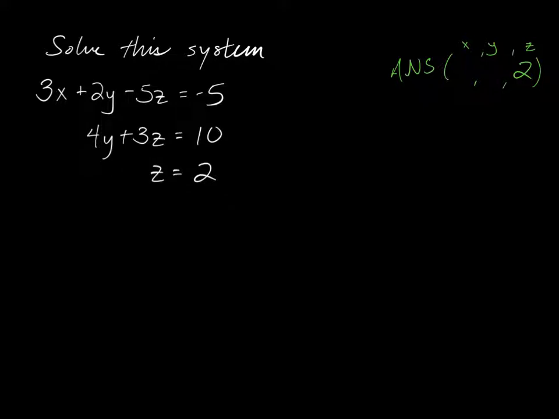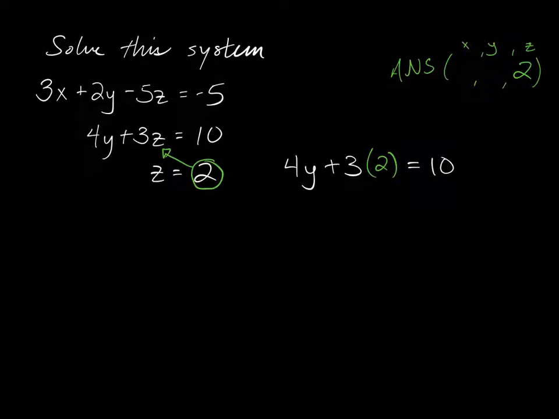Let's see, how can I figure out x and y? Well, since we already know what z is, I'm going to take it back one step and substitute z into this second equation that I see here. So here's this equation, 4y plus 3 times z, but instead of z, we're going to be writing 2 in its place, equals 10.